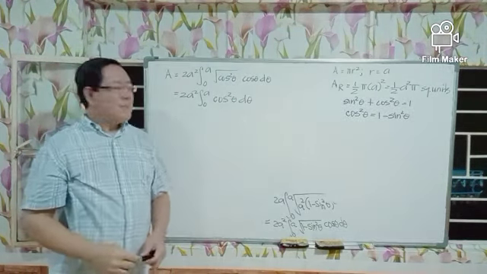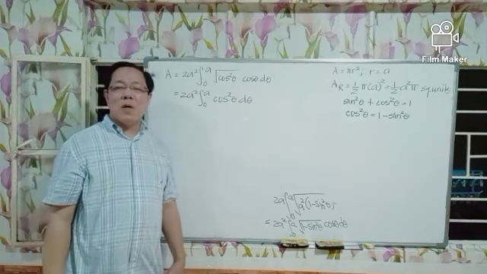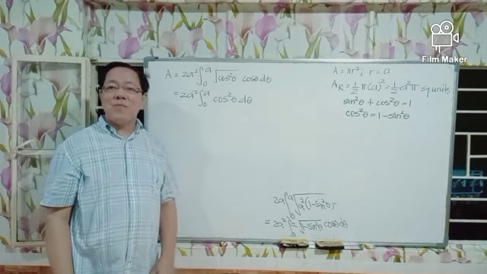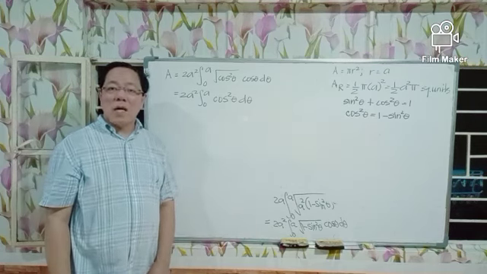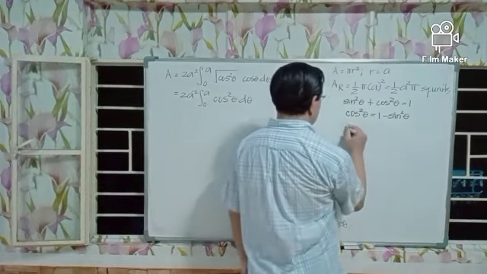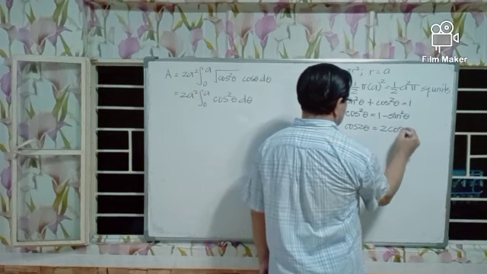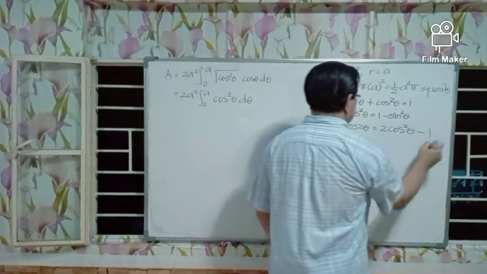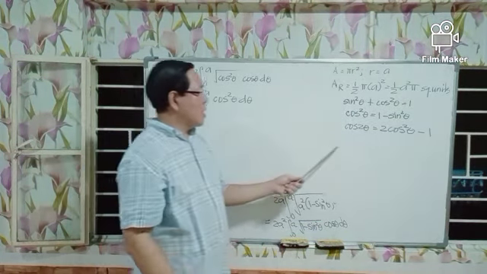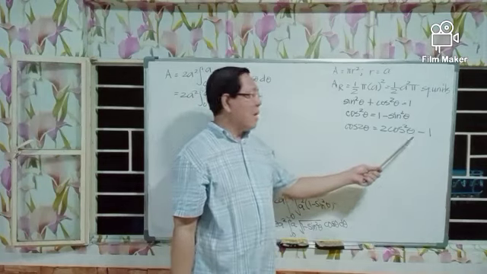And cosine squared theta d theta is not readily integrable, so we now make use of another trigonometric identity for cosine of twice an angle. The cosine of twice an angle, or cosine 2 theta, is equal to 2 cosine squared theta minus 1.